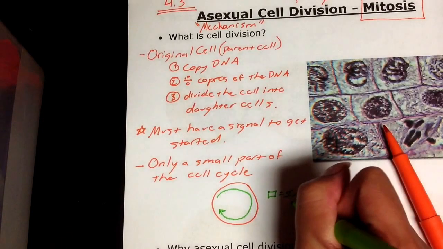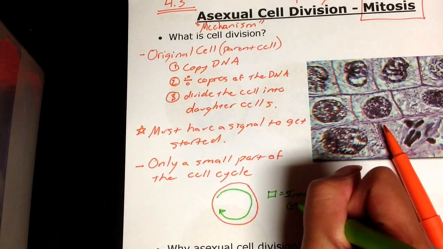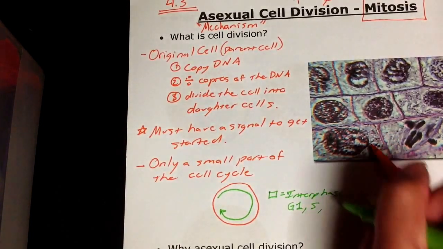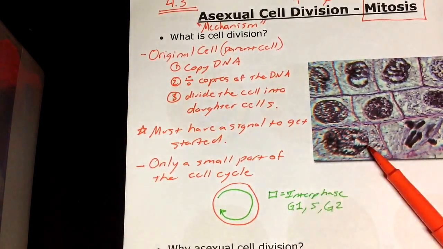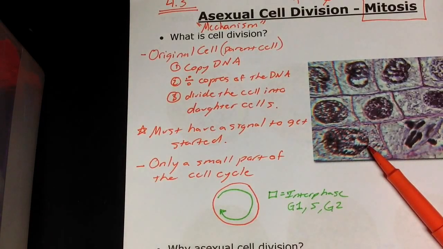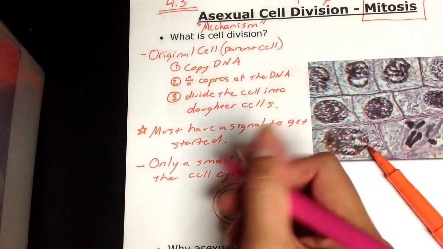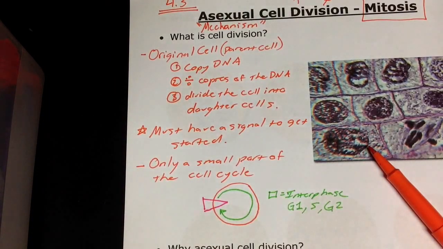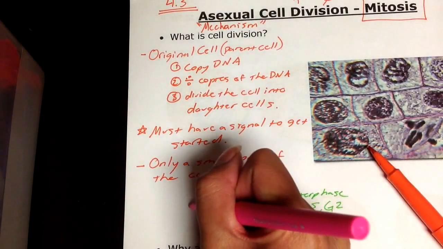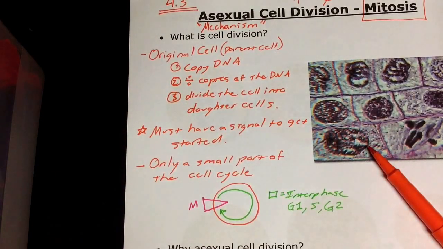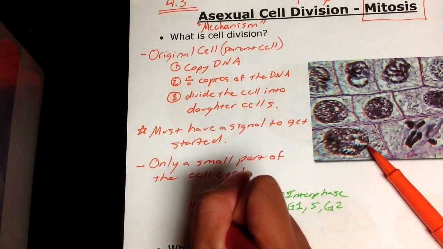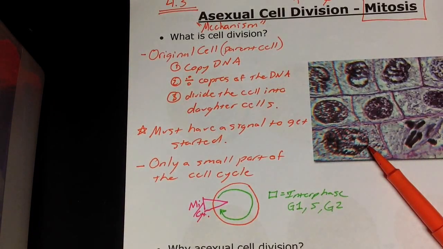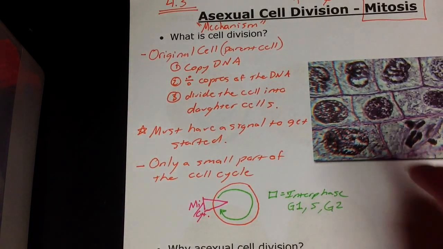It was where the cell made copies of its DNA. So that was G1, growth, S, replicating DNA, and G2, which was additional growth. But there's only going to be a small portion of the cell cycle where you actually divide the cell or go through mitosis. So you'll have mitosis and cytokinesis occurring. That's a very small portion of that cell cycle.